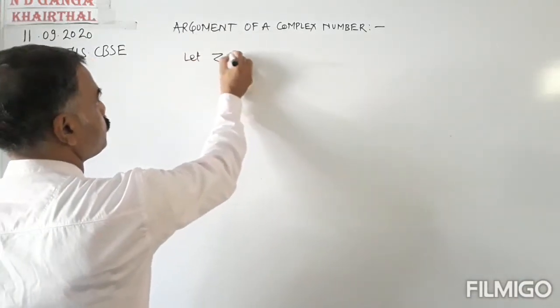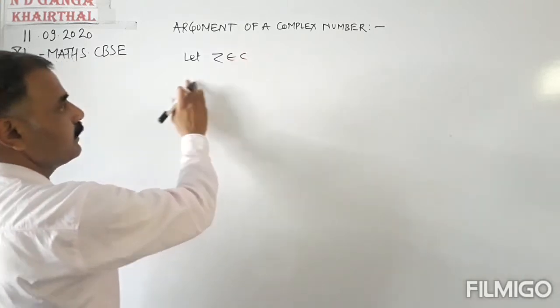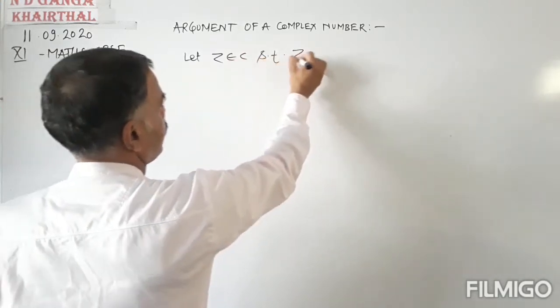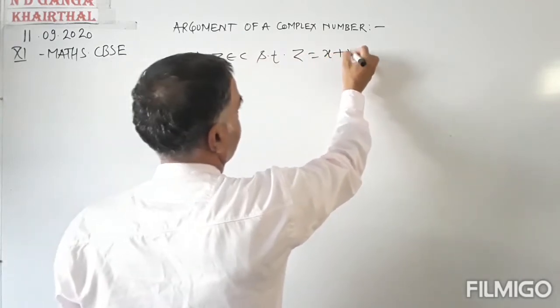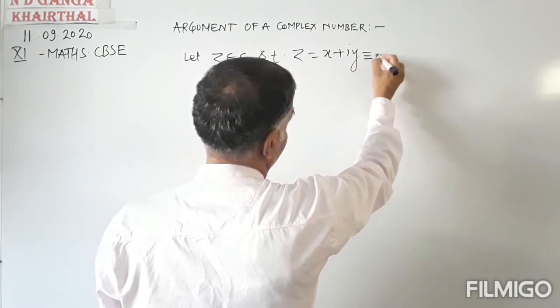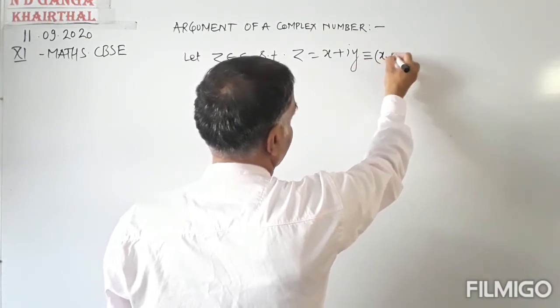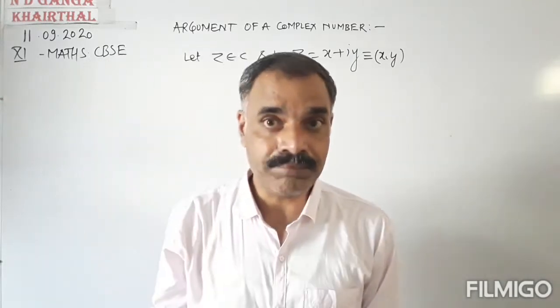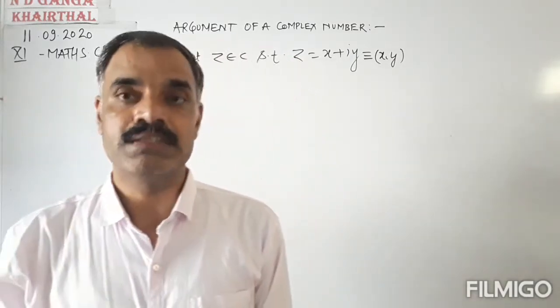Let Z belong to C, any complex number such that Z equals x plus iota y, and this can be written as the ordered pair (x, y). x is the real part and y is the imaginary part.